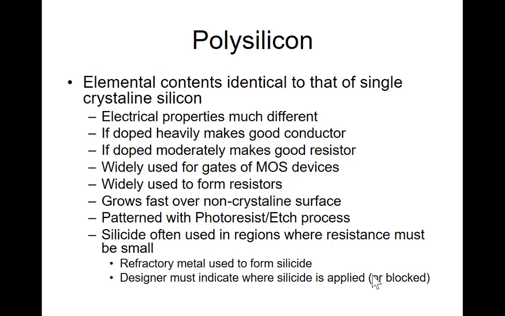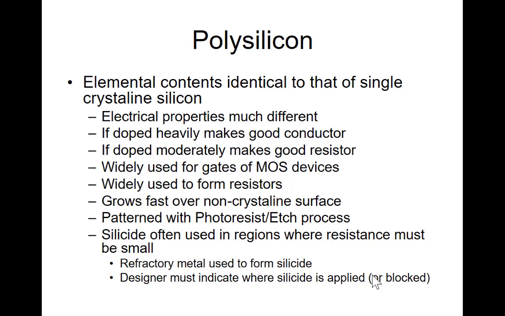This polysilicon is not a single crystal, so it's a polycrystal. It's not a single crystal structure like the substrate. As a result, you get totally different electrical properties out of the polysilicon.